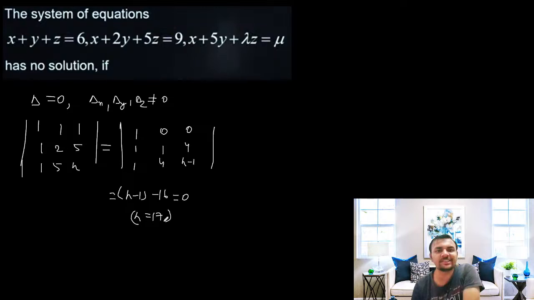So what is the condition of mu? We'll solve delta x. In the place of x, we'll put 6 9 mu, and we have 1 2 5, and 1 5 lambda, and now we got lambda as 17.